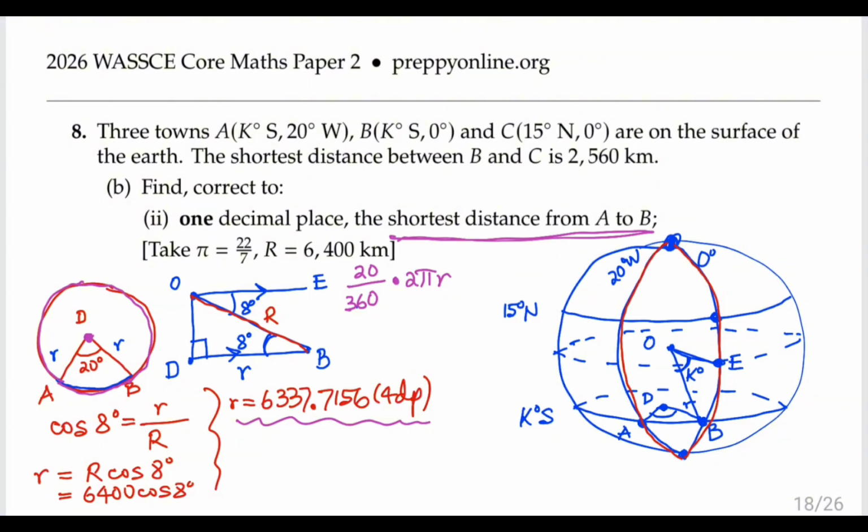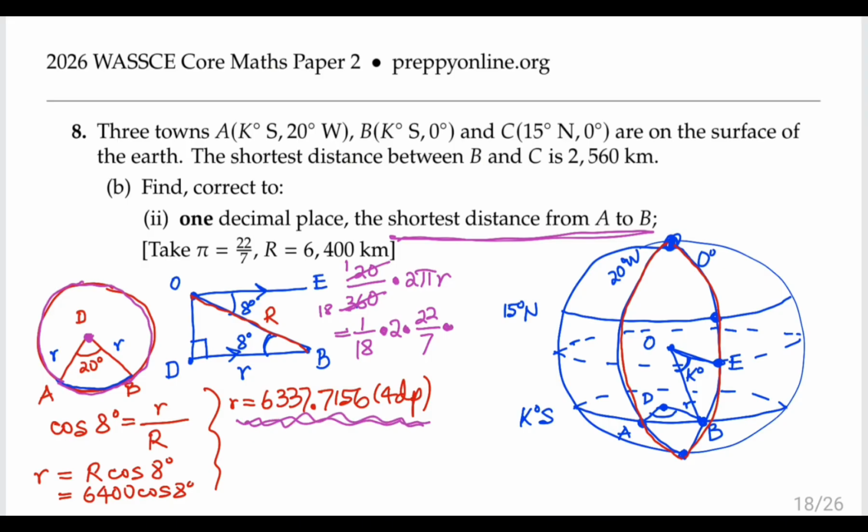So we can substitute these values into it. We can immediately cancel: 20 divides itself 1 and divides 360 18. So we can write this as 1 over 18 times 2 times pi, which is 22 over 7, times r, which is this long number.